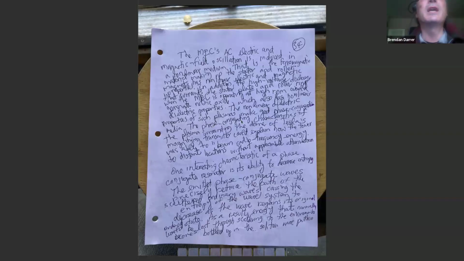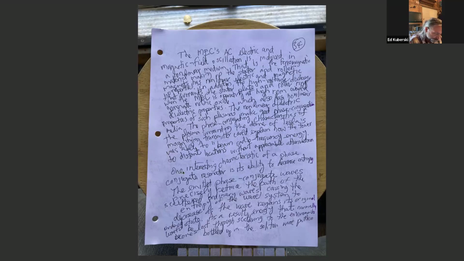The phase conjugating characteristics of the plasma surrounding the dome of Tesla's magnifying transmitter could explain how the tower was able to beam radio frequency energy to distant locations without appreciable attenuation.